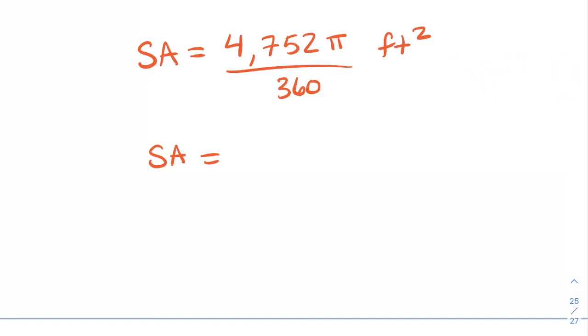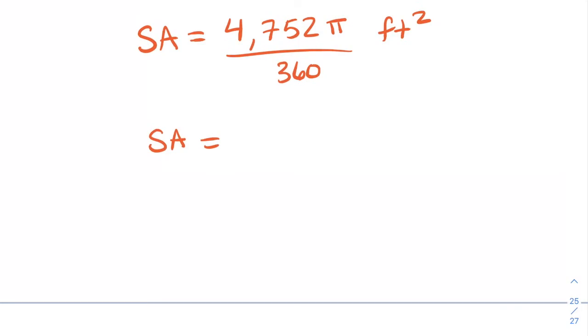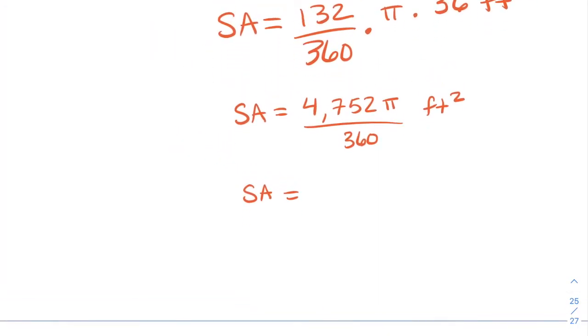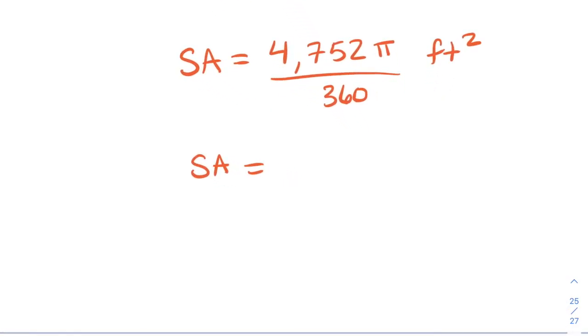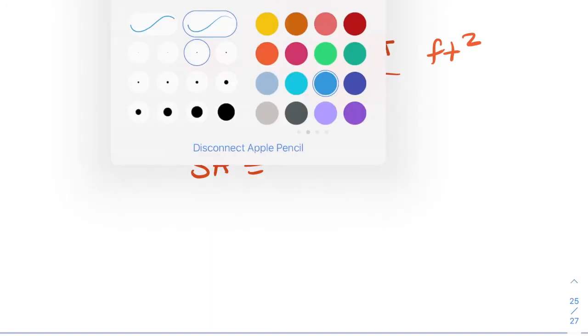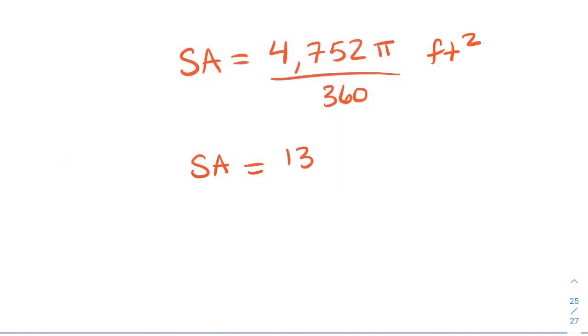Okay, I'm not going to write that down. I'm just going to write 4,752 divided by 36 is 132, which gets us back to what we had. Pi over 10.